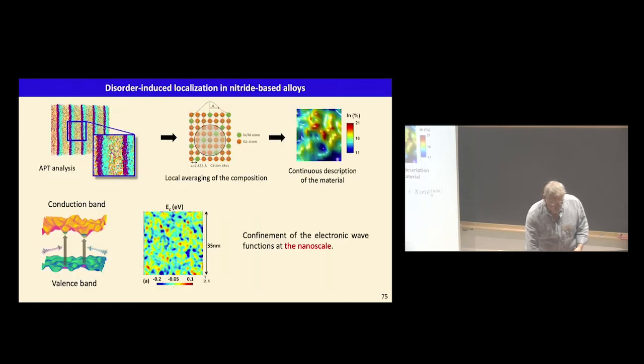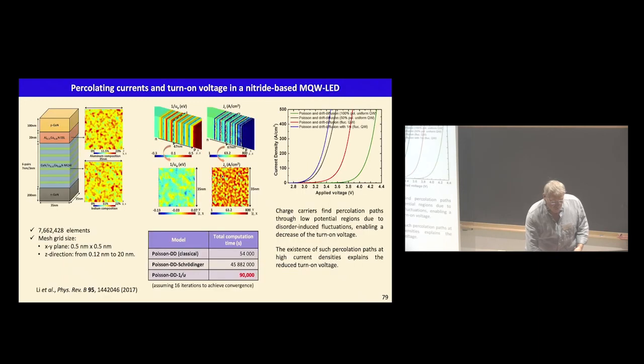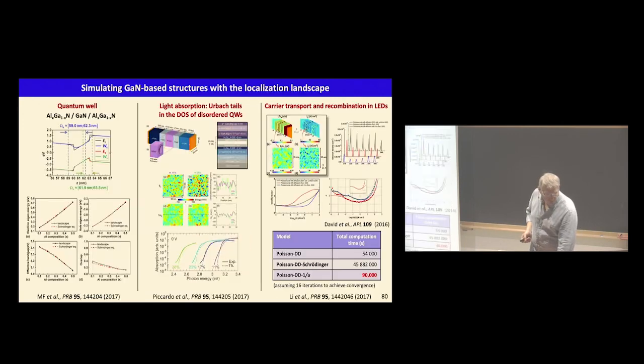I won't have time to show you that it can be applied to a disordered semiconductor. Just to tell you that this localization landscape has been applied in disordered semiconductors, and it gives a computational gain by a factor of between 100 and 1,000 with respect to Schrödinger simulation.